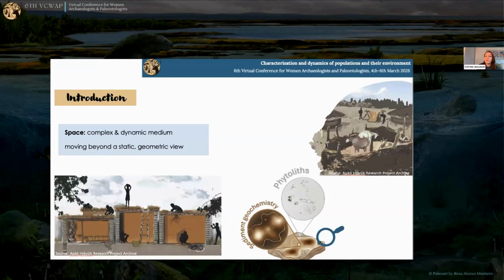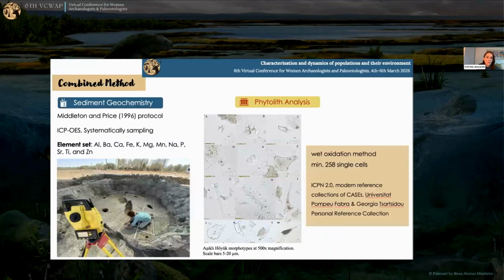This study therefore aims to integrate multiple proxies to refine the macro-contextual interpretation of a Neolithic room. I argue that floor deposits should not be understood as passive accumulations, but rather as chemically and botanically structured archives that record traces of everyday practice.